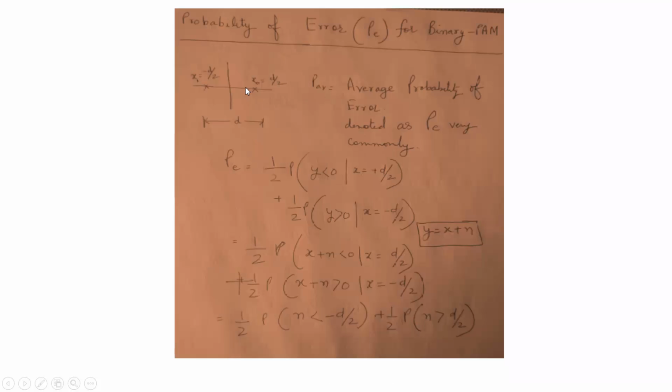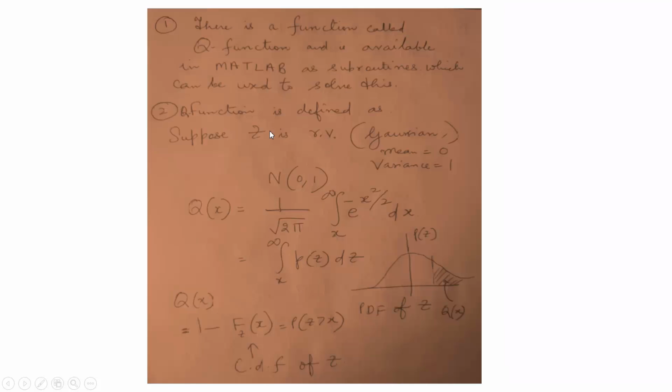Since it was half plus half, the probability of error is actually equal to the probability of n greater than d by 2 or the probability of n less than minus d by 2, either one of the two, because n is Gaussian distributed with zero mean.